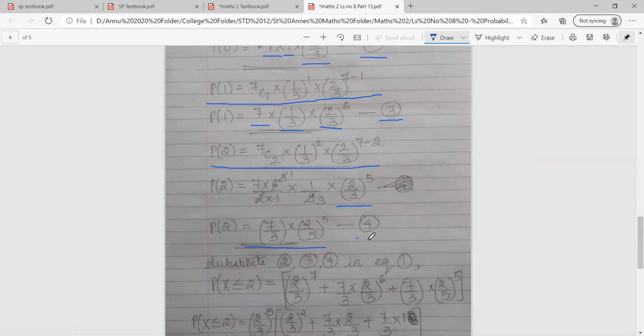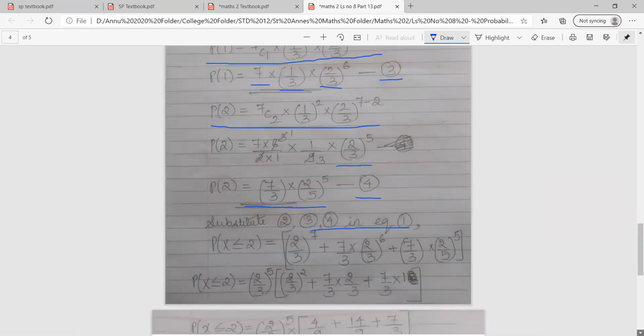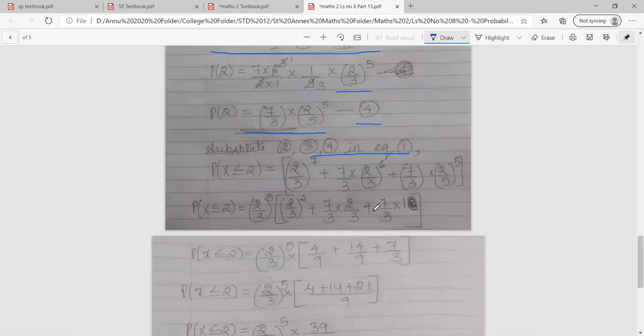So I put the points 2, 3, 4 in equation 1, the condition 1, which I got above. So probability of x less than or equal to 2 is nothing but (2/3) raised to 7 plus 7 upon 3 into (2/3) raised to 6 plus 7 upon 3 into (2/3) raised to 5.